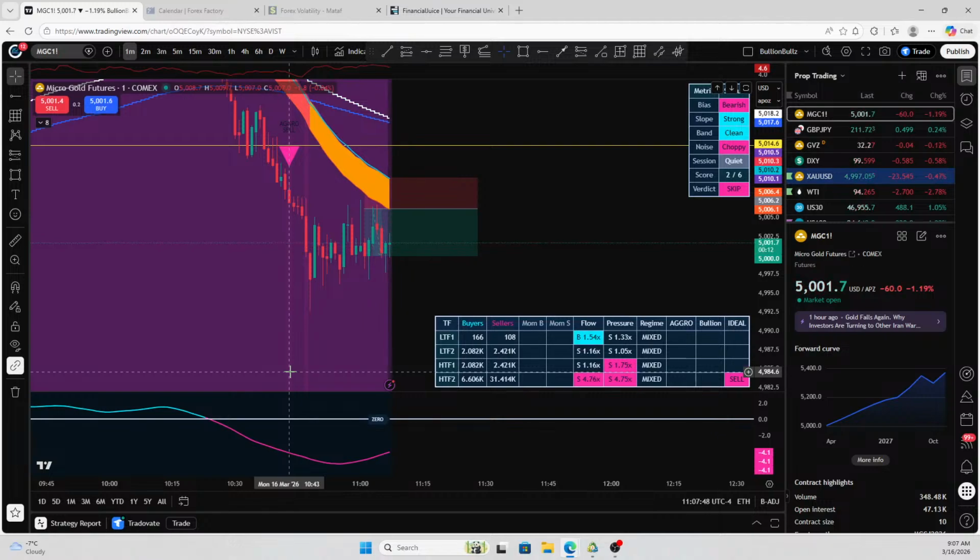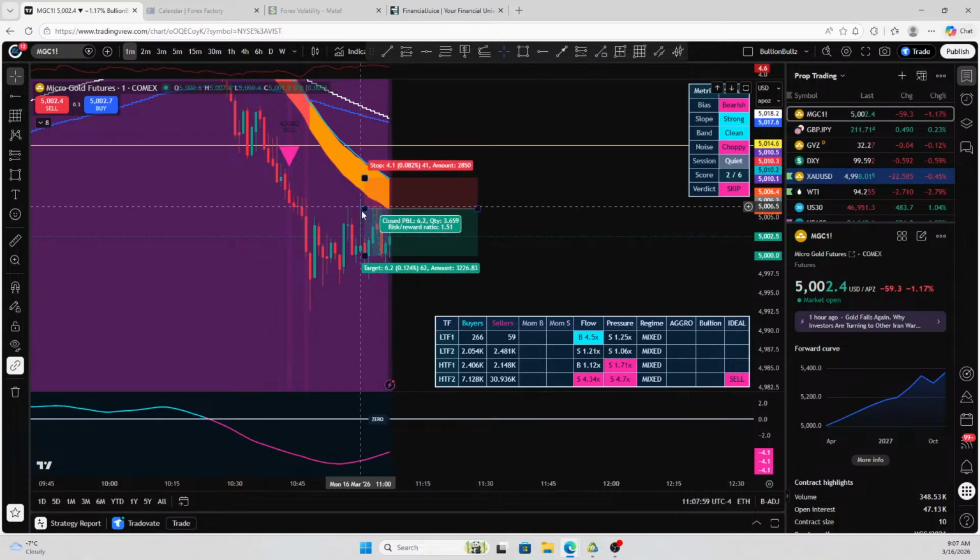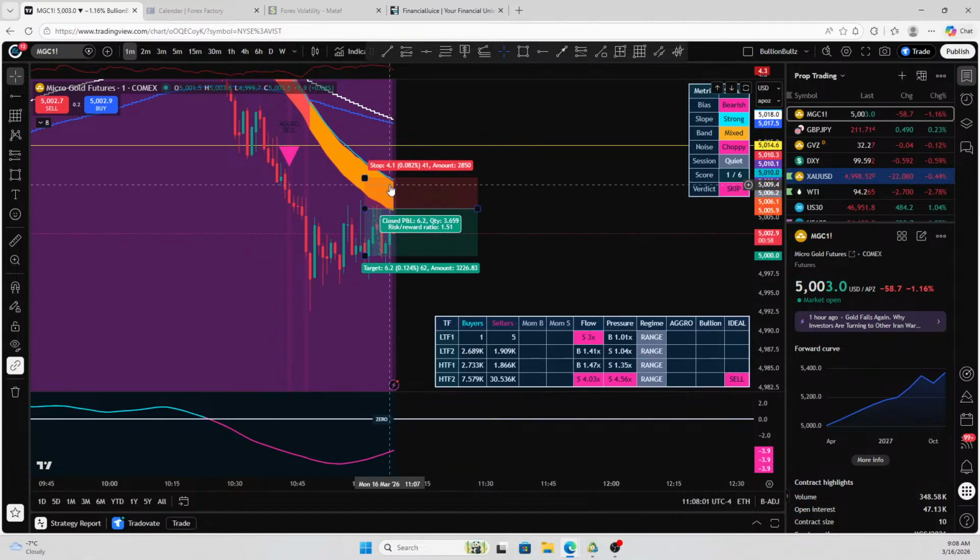Let's see what happens. I'm not in a rush, and it's better to just wait and see how this pans out. But I want to see it touch the band and then reverse.